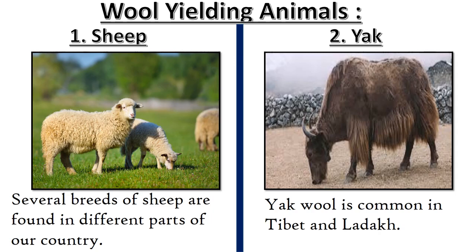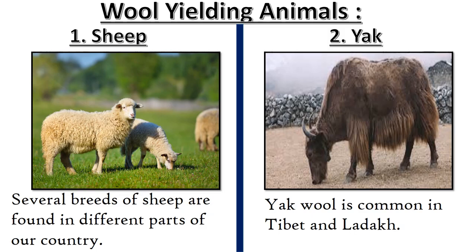Starting from sheep. We all know that the hairy skin of sheep has two types of fibers that form its fleece. They are number 1, the coarse beard hair, number 2, the fine soft under hair close to the skin. We are also aware that several breeds of sheep are found in different parts of the country.